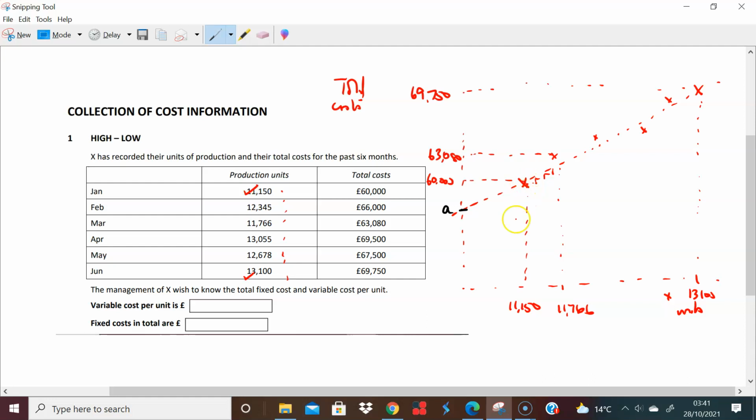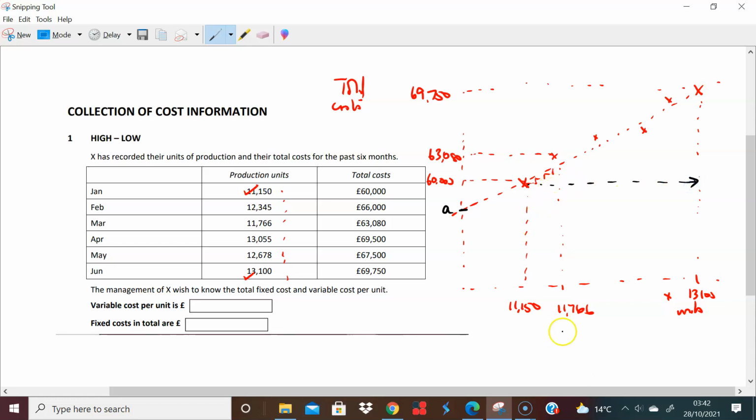Because if I go from 11,150 to 11,151, and the cost goes from 60,000 to, I don't know, 60,005, well, I can tell that the variable cost must be 5. So in effect, that's what we're ultimately trying to do here, but we don't have it for one, we have it for this sort of distance.